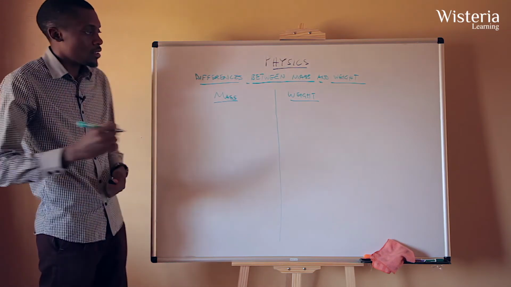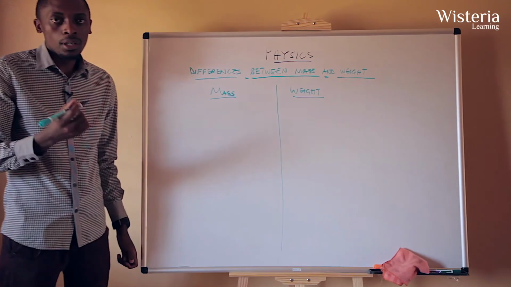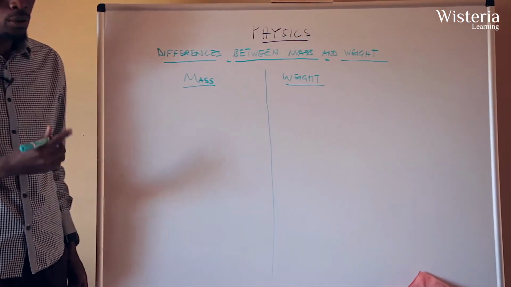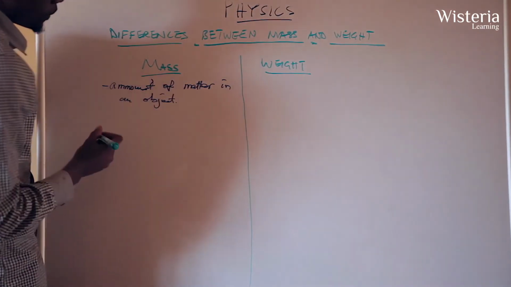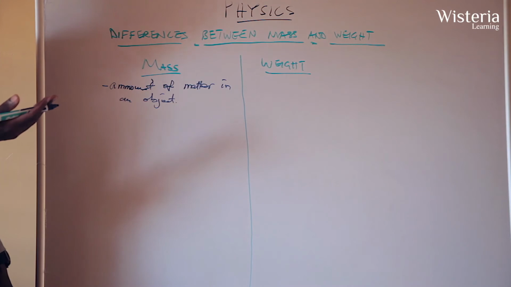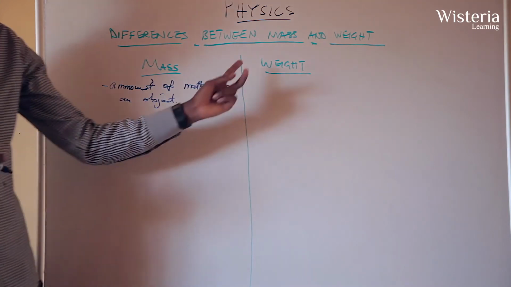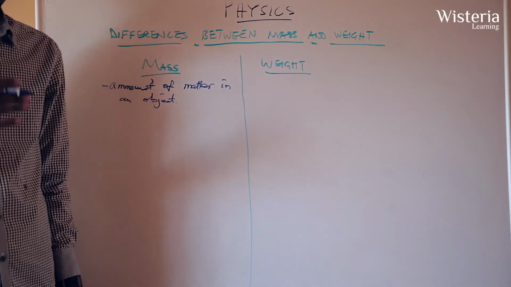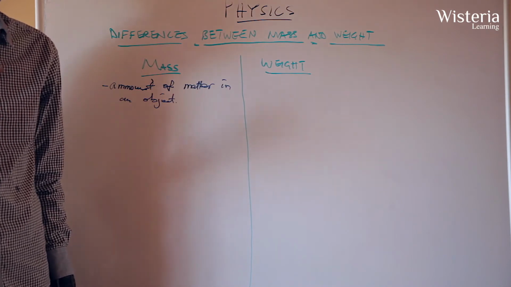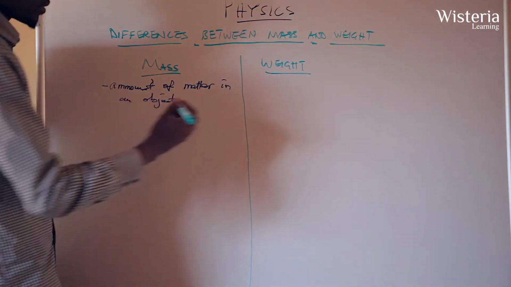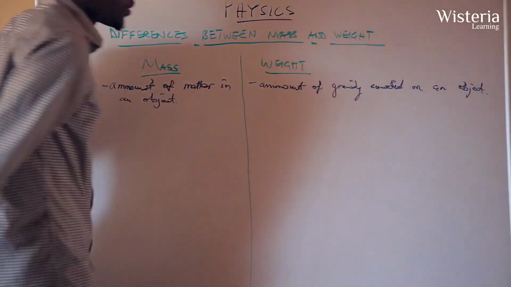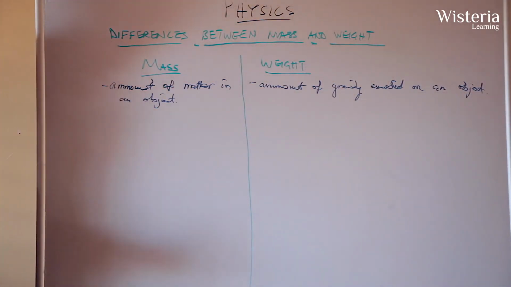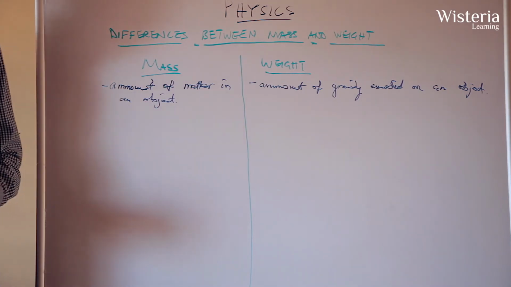Here for mass we are interested in the amount of matter in the object. But for weight, we're interested in the amount of gravity exerted on the object. Mass is the amount of matter in an object, weight is the amount of gravity acting on the object.